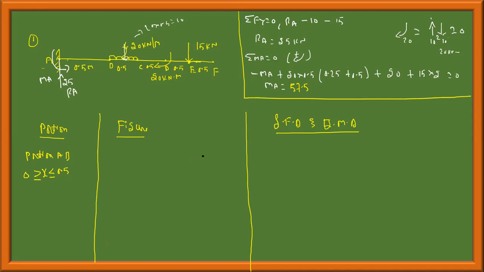Portion AB, x greater than or equal to 0, less than or equal to 0.5. I will take portion A and not go up to B. I will take a section between A and B. This is A and B, and instead of this I can write RA, which is equal to 25, and moment in the anticlockwise direction 57.5, section XX.